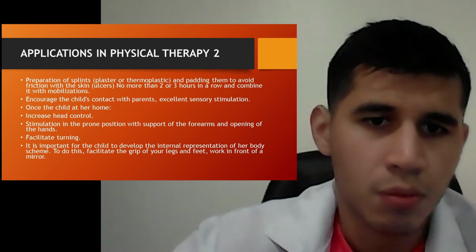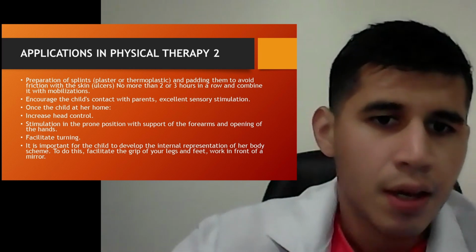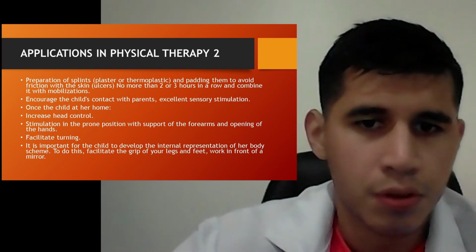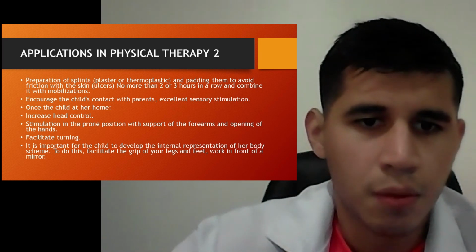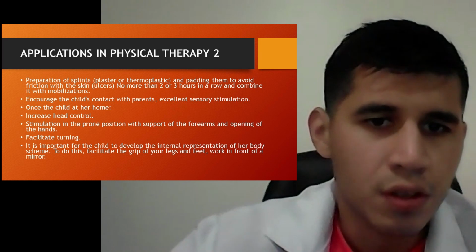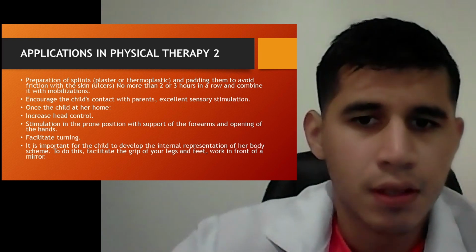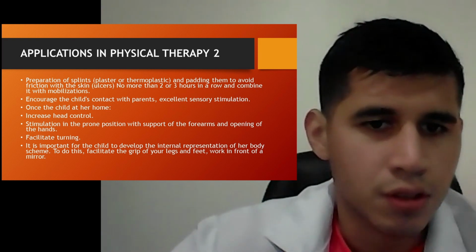Excellent sensory stimulation once the child is at home. Encourage head control, stimulation in the prone position with support of the forearms and opening of the hands. Facilitate turning. It is important for the child to develop internal representations of her body's chain.